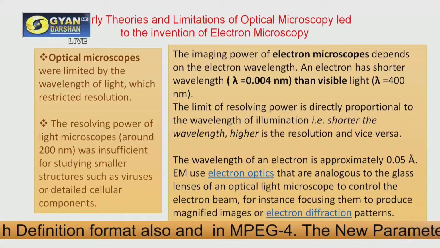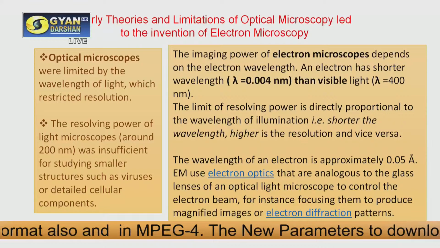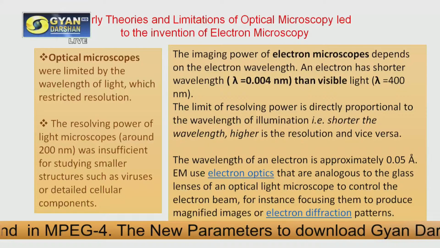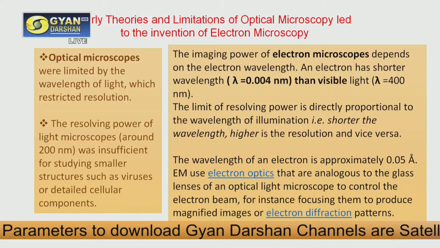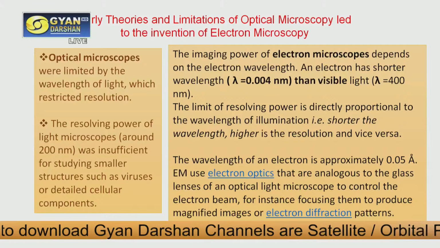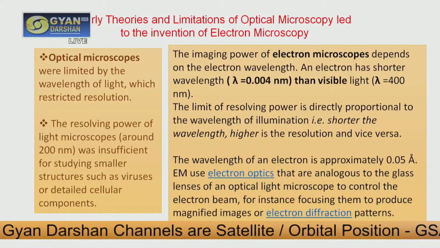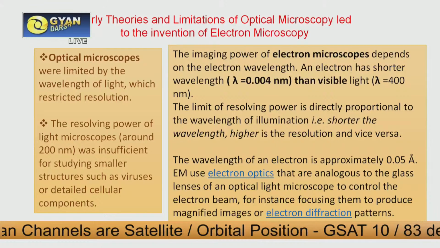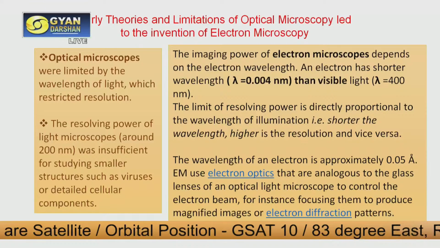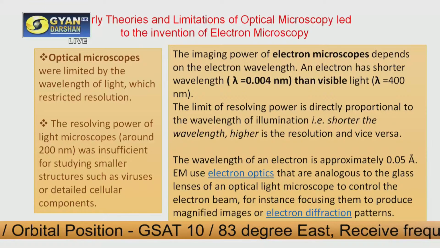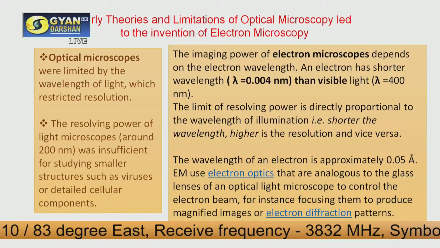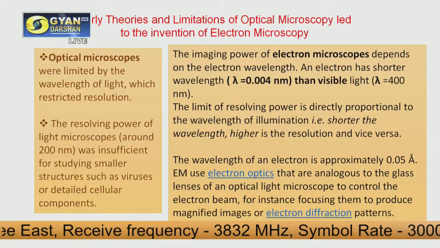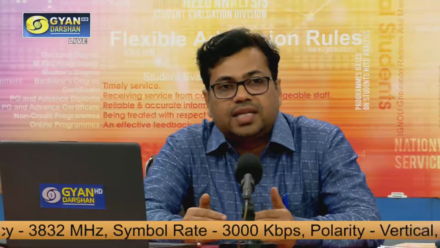But in the case of the electron microscope, using electrons, we can magnify smaller objects up to 0.002 nanometer, or we can say the 1 angstrom size. So the wavelength is much smaller compared to light wavelength. Visible light is used in light microscopy, and the range of the light wavelength is 400 to 700 nanometers.